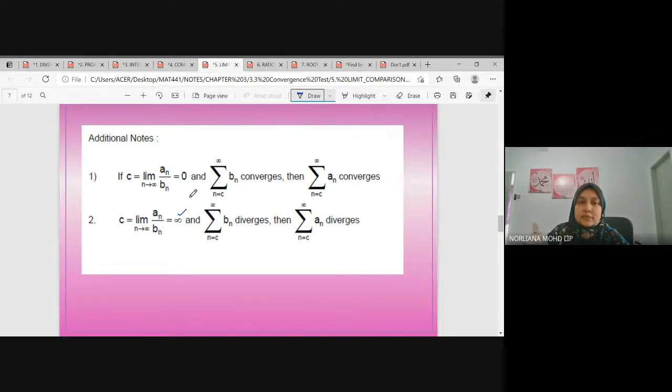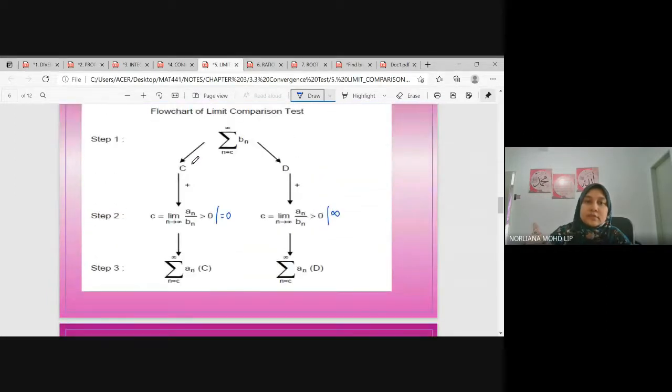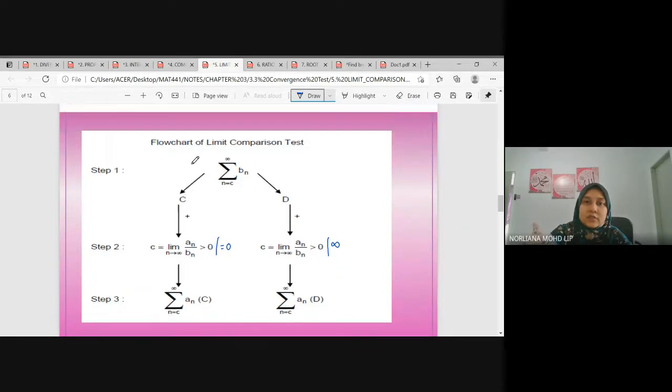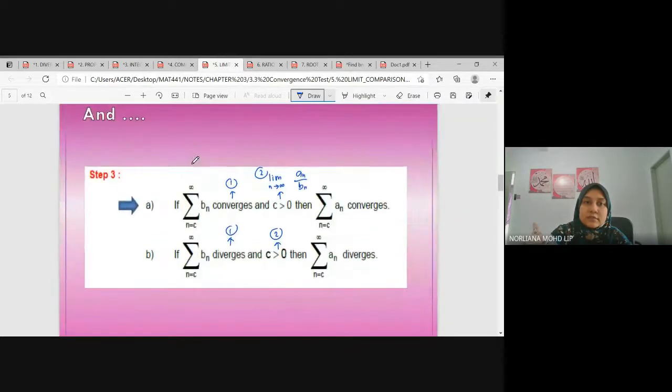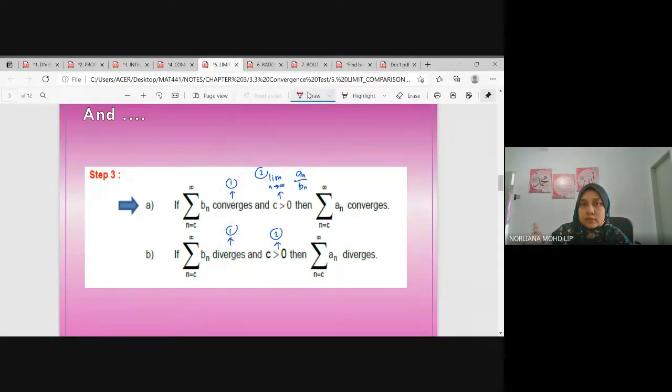Inilah tadi saya cakap. Infinity ataupun kosong. So kat sini boleh tambah sikit lah untuk flowchart dia ni. Tambah dengan kosong atau infinity kat sini. Ataupun sama dengan kosong. Ya, ataupun infinity.